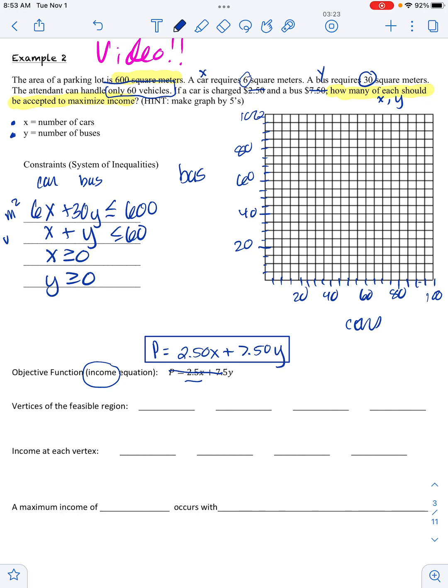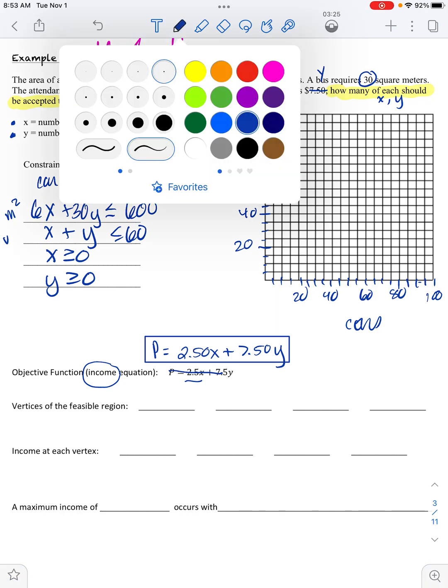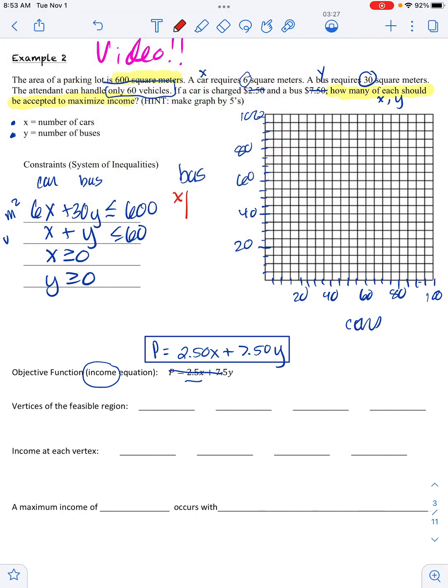So if I go to graph this first one, I'm going to make my little zeros table, and I'm going to think if I had a 0 in place of the X and the X part disappeared, I'd have this, and that's going to make my Y value 20. If I put a 0 in for Y on that same equation, I'd have 6X equals 600, so my X value would become 100.